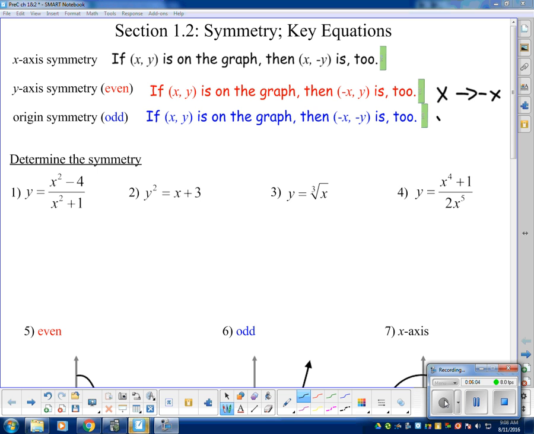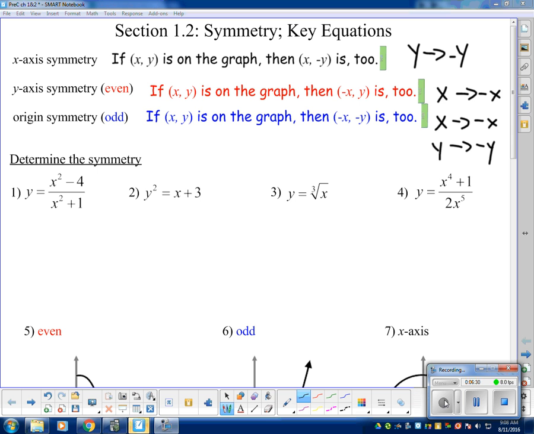You replace x with negative x, and you replace y with negative y, and then you see if you get the same equation that you started with. Okay. And then for x-axis symmetry, what do you think you have to do on that one? Replace y with negative y and see if you get the same equation.